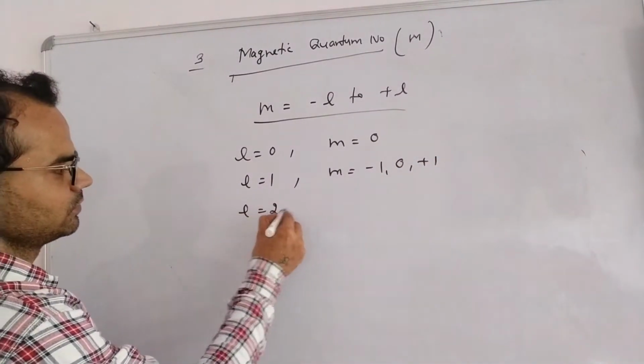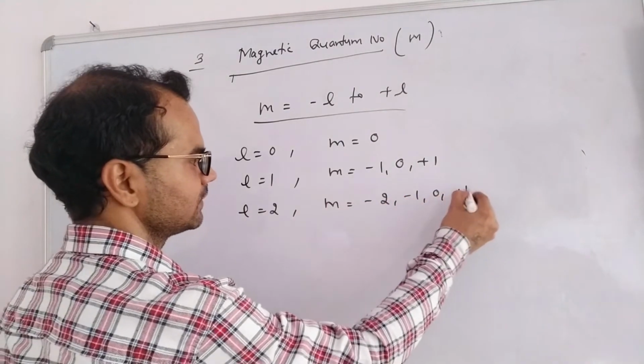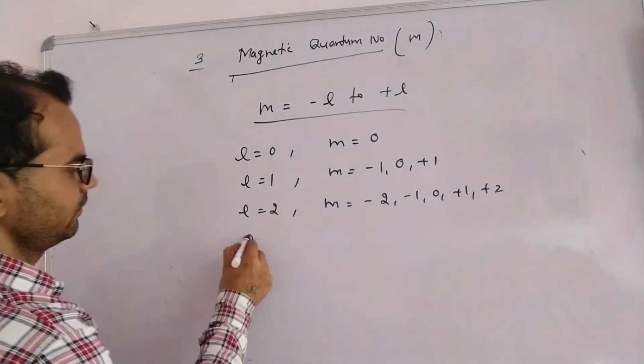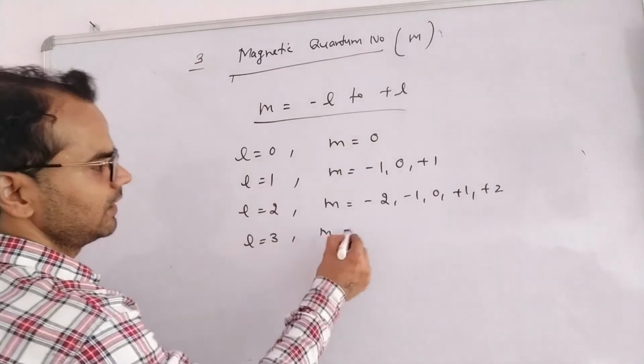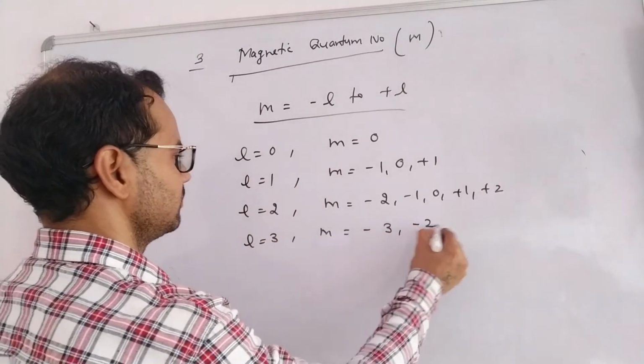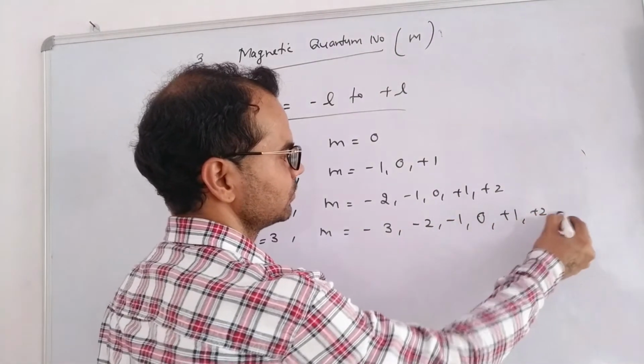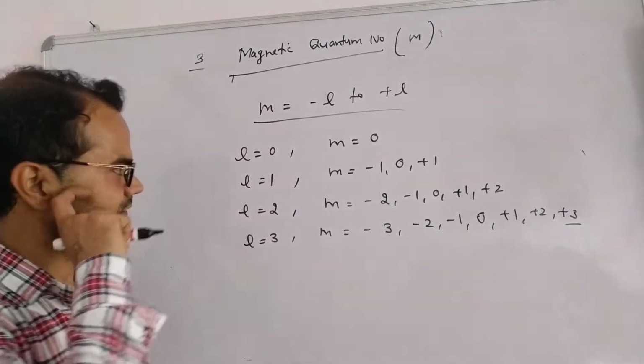If l equal to 2, m will be minus 2, minus 1, 0, plus 1, plus 2. If l equal to 3, m equal to minus 3, minus 2, minus 1, 0, plus 1, plus 2 and plus 3.